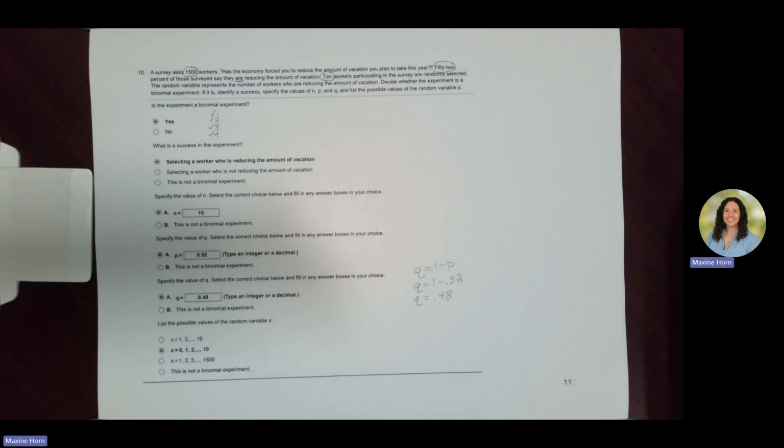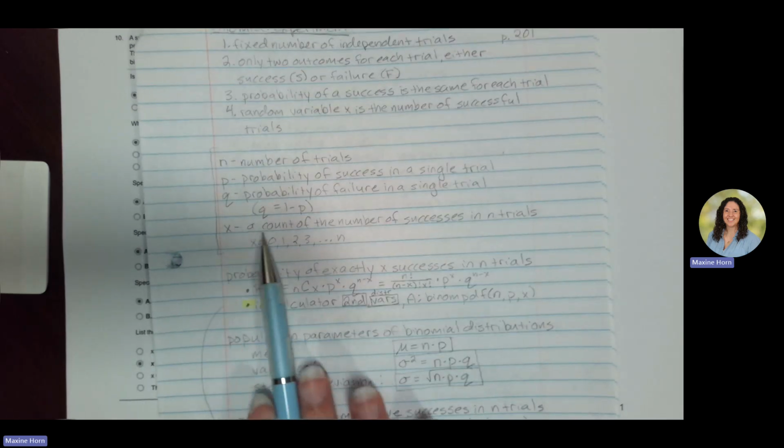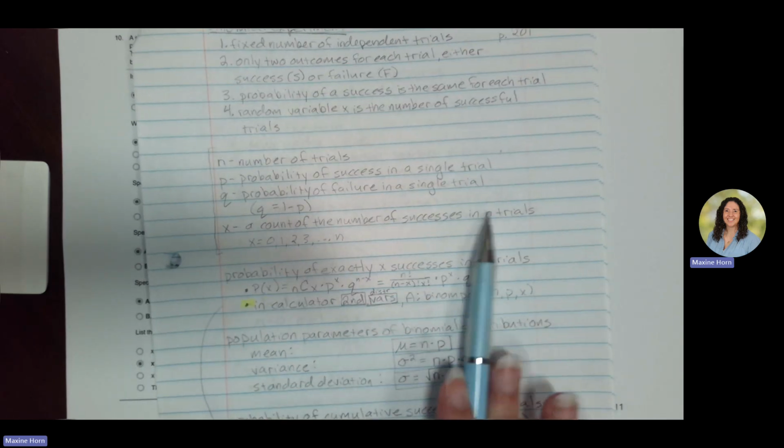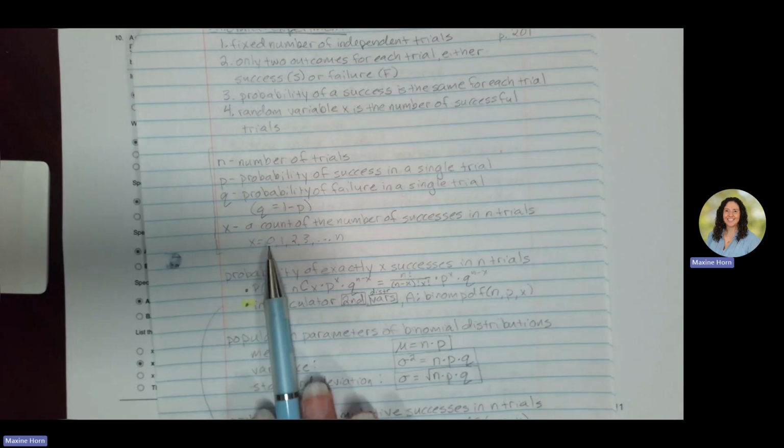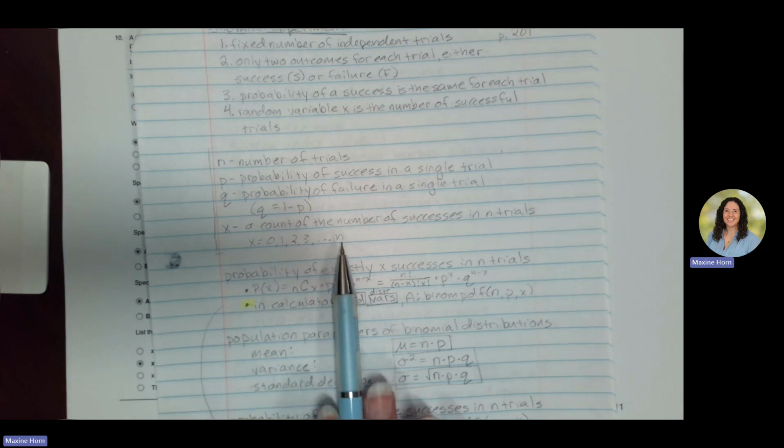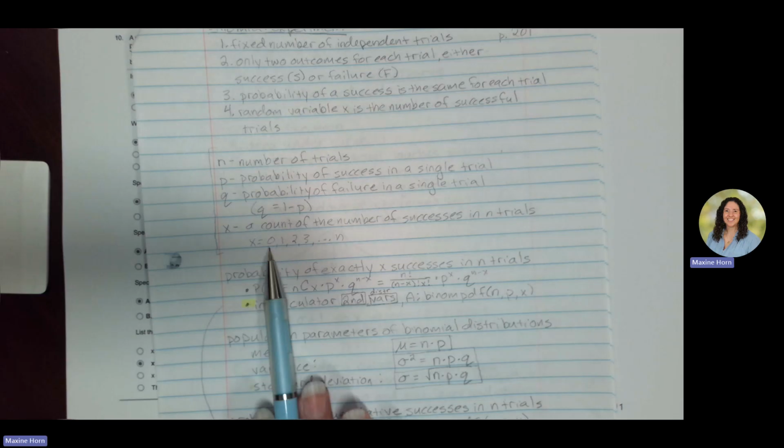With this, when we're looking at the number of successes, we have 10 people. I was trying to remind you that x is a count of the number of successes in n trials, and x can be anywhere from 0 all the way up to n. Don't forget 0. It is possible to have 0 successes.